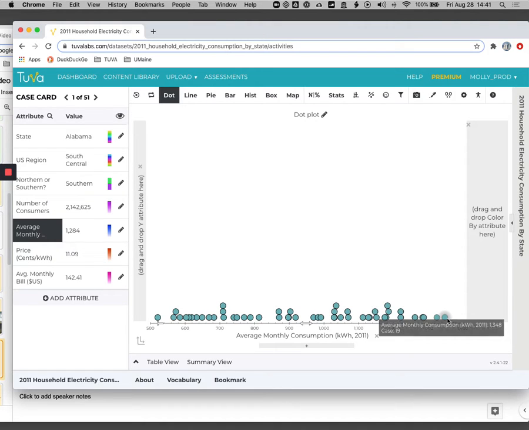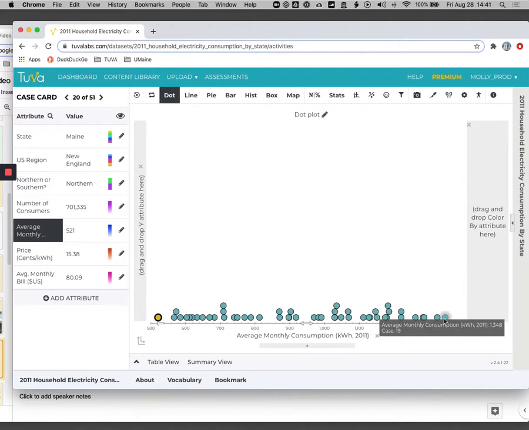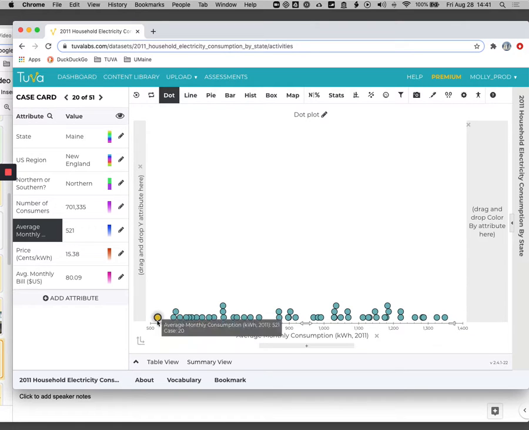It ranges from the highest in Louisiana, where households average over 1,300 kilowatt hours per month, to the lowest, which is Maine, where households average 521 kilowatt hours per month. That seems like a big range to me. Households in Louisiana tend to use almost 3 times the amount per month as households in Maine do.